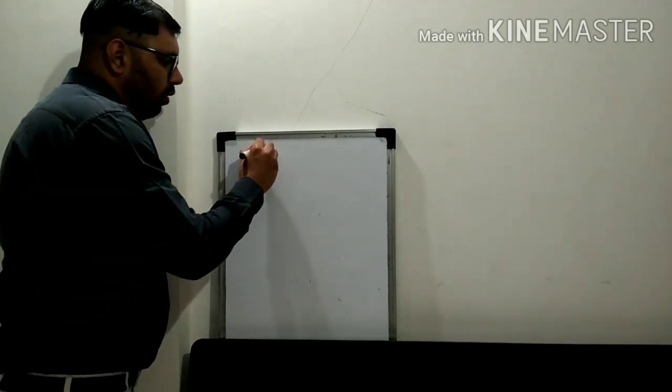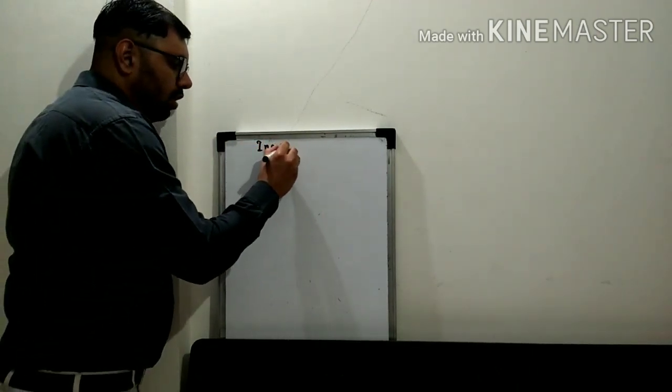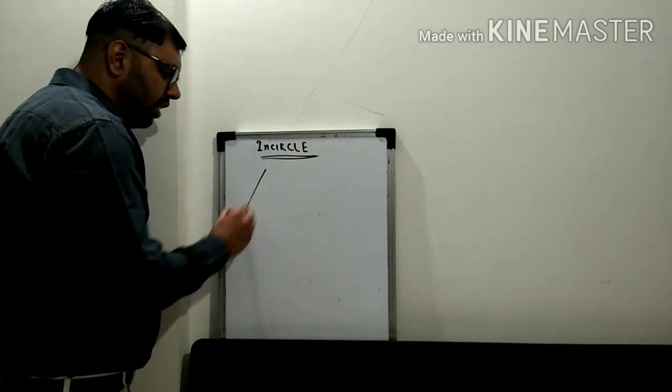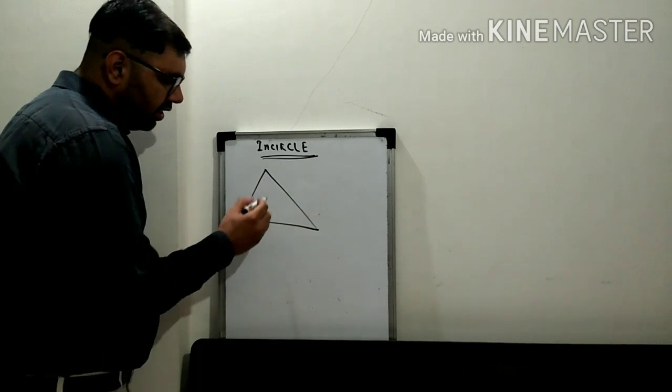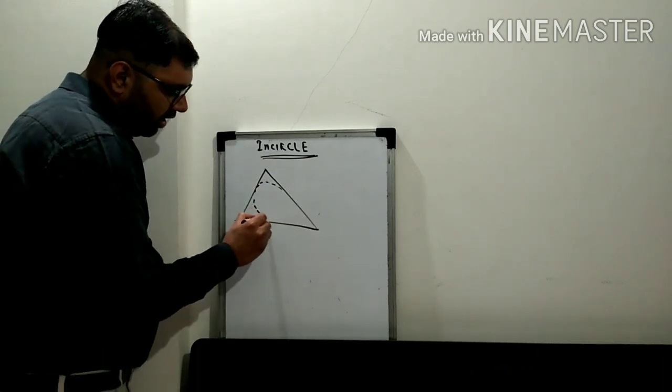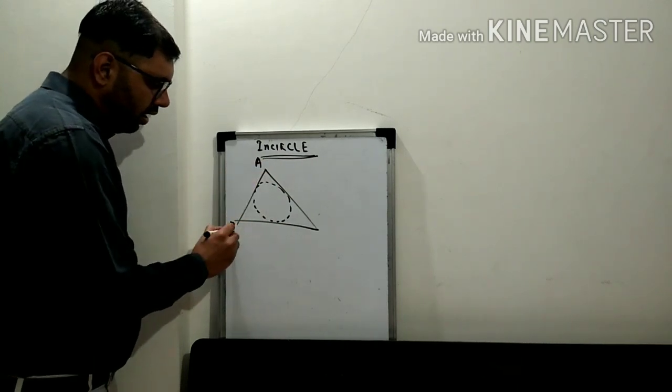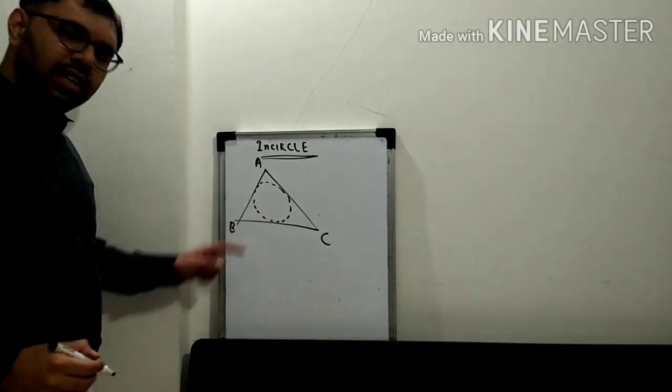Now we come to the part of the incircle. Incircle, as the name suggests, is a circle which is inside the triangle and touches the 3 sides of the triangle. So we have a triangle ABC and we have an incircle.